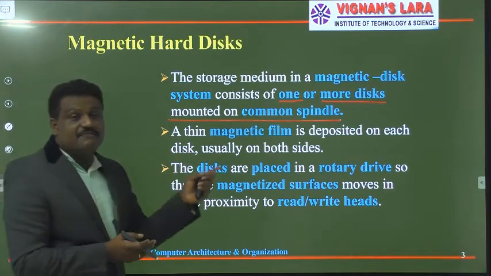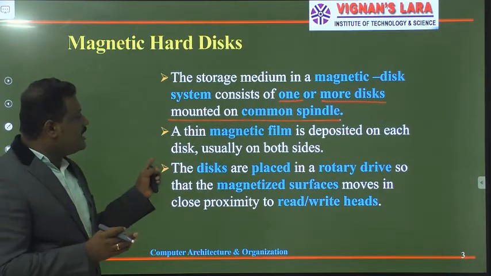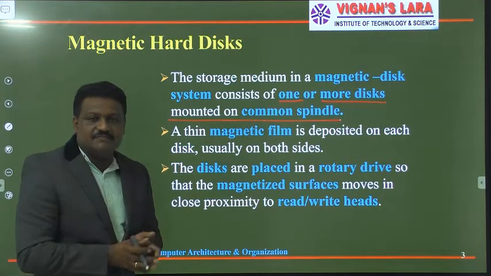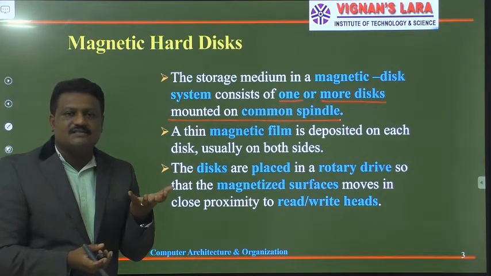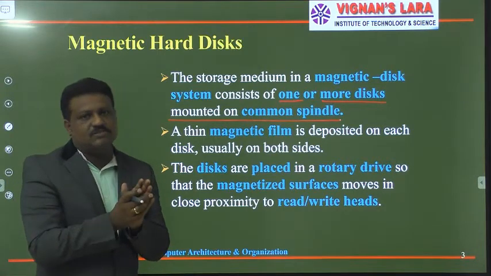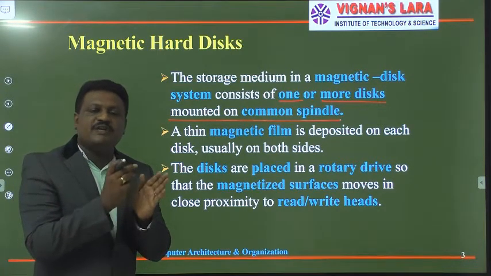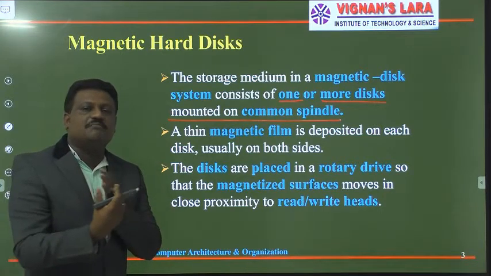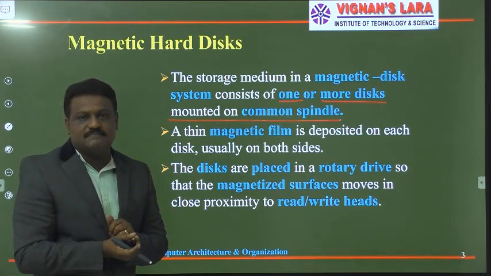A thin magnetic film is deposited on each disk, usually on both sides. On the disk system, we give a thin magnetized coating, and we give that coating not only on a single side, but on both sides of the disk.